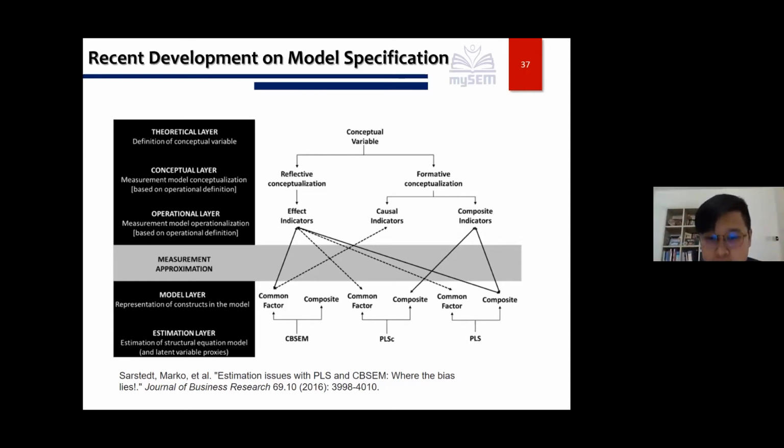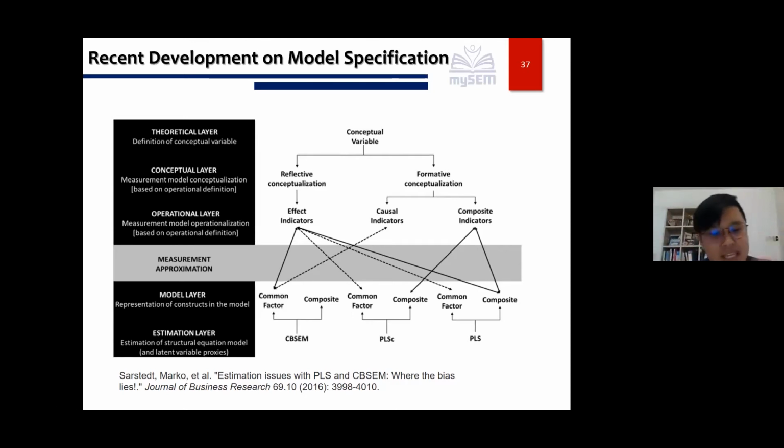In measurement approximation, we have two terminologies that you need to know: common factor or composite. Common factor is more towards the CB-SEM world, as well as PLSc or PLS-Consistent. If you look into composite modeling, and this composite modeling right now is estimation, nothing to do with the construct, we use the traditional PLS called PLS.